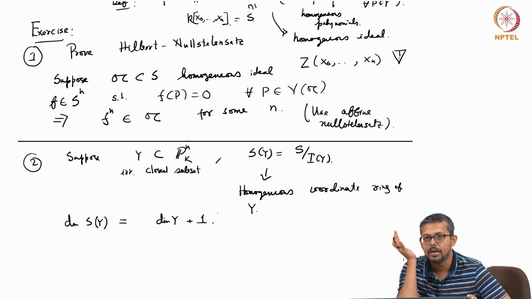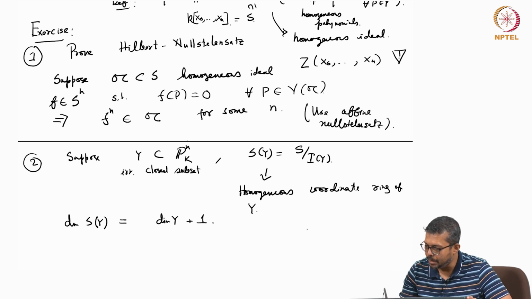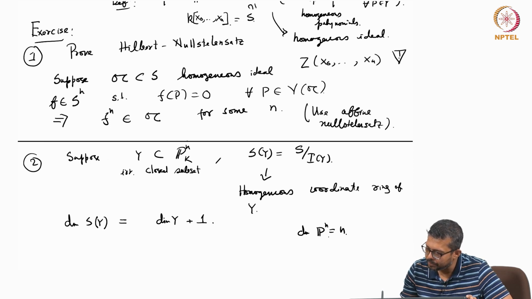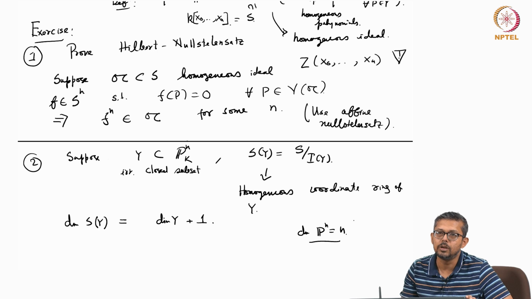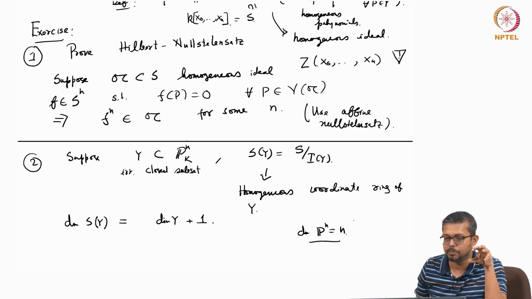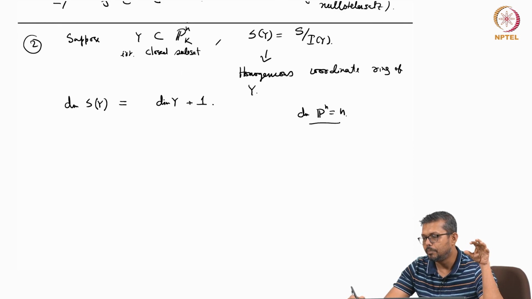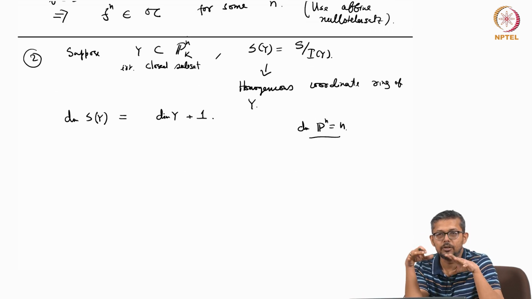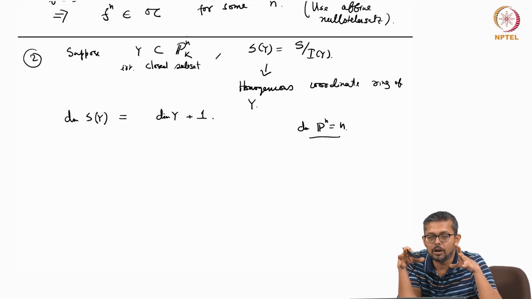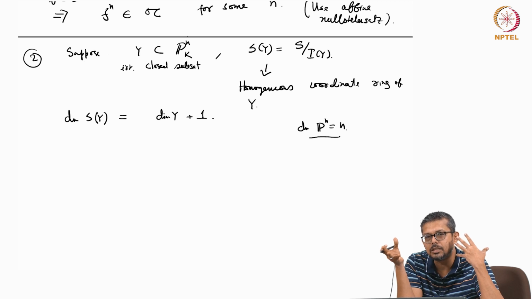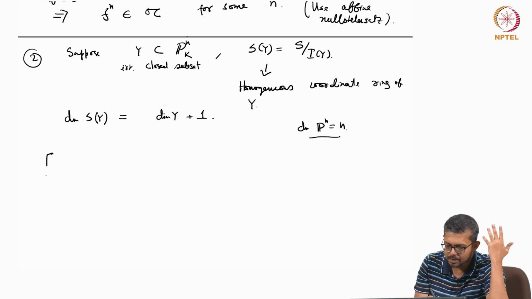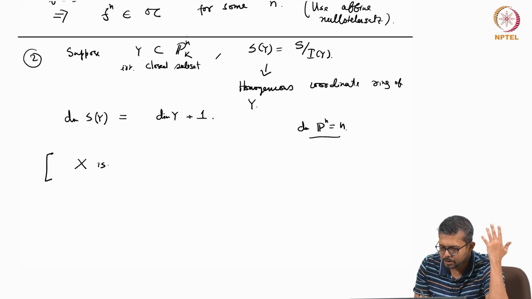When you are talking about dimension of Pn, you should check that it is n. This is true because Pn is irreducible. And you know that if you have an irreducible topological space and you take an open subset, the dimension of U is the same as the dimension of the space.